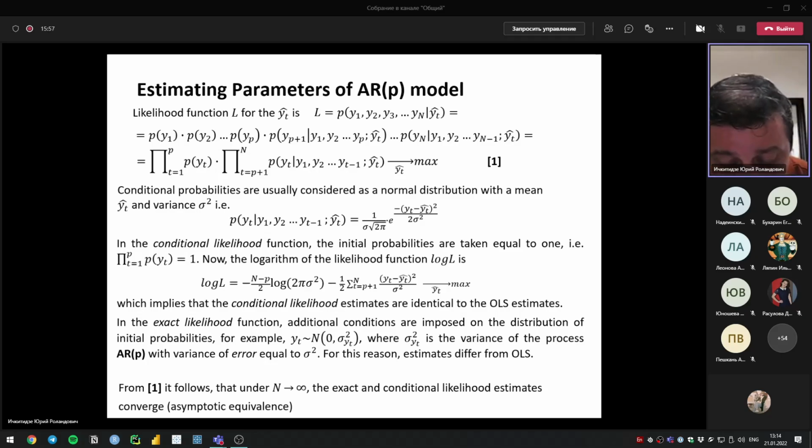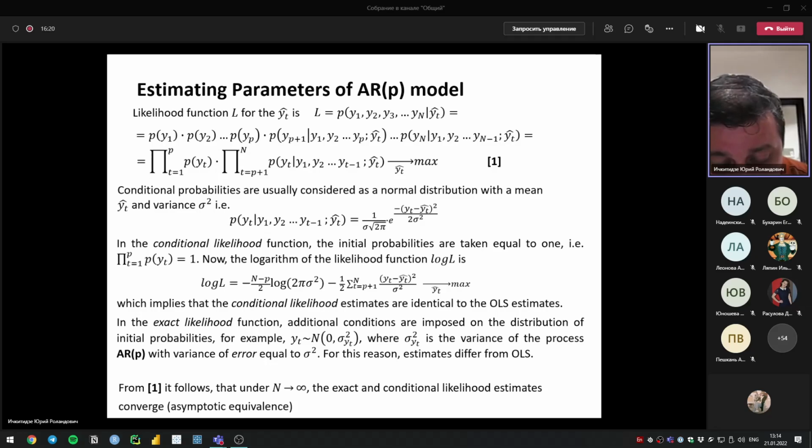And in this case, the logarithm of the likelihood function is taken. The property of the logarithm is very convenient to get rid of these products and turn them into sums. Therefore, the logarithm of the likelihood function is often used.